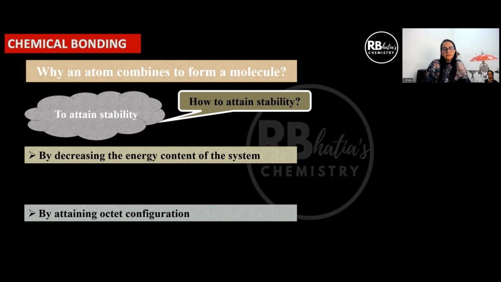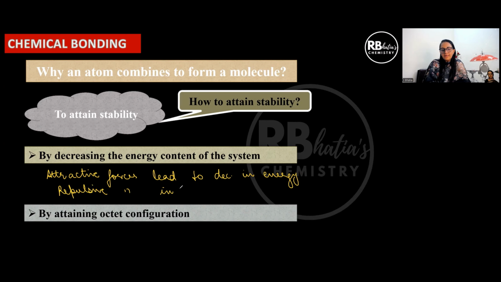Now, how by decreasing energy content of the system? You have to remember that attractive forces always lead to a decrease in energy of the system, and repulsive forces always increase energy of the system.